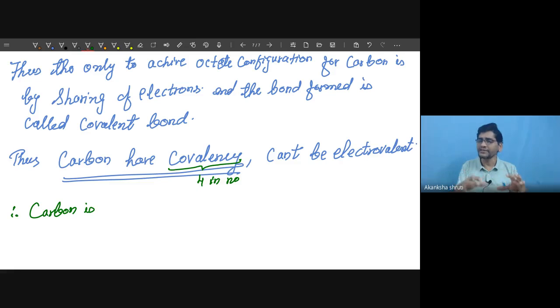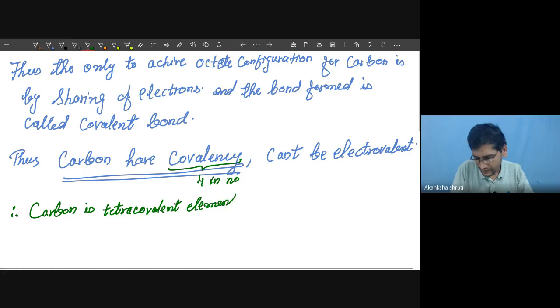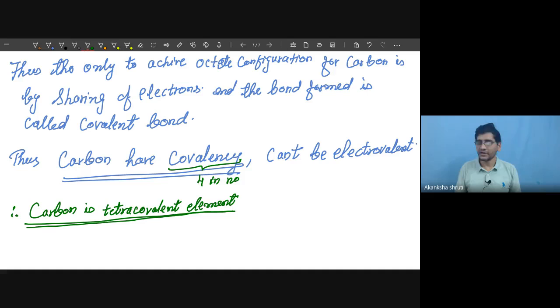That is obtained by sharing of electrons. Carbon is a tetracovalent atom or element. Better word is element. Or atom, you can also write. So this is very important. I had explained everything, then we reached this conclusion.